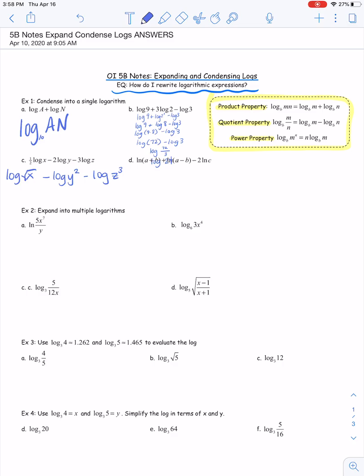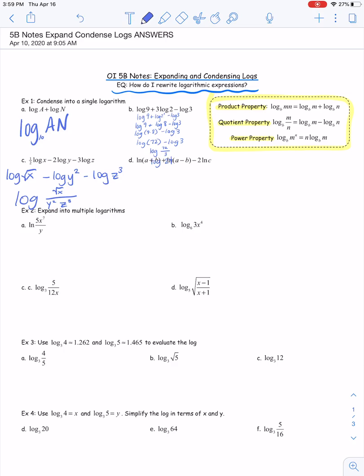Anytime you see a subtraction between logs, you know you're going to have a division symbol, all right? So this is going to be the log of the square root of x divided by y squared, and it's also being subtracted with the z cubed. So z cubed will also be in my denominator. So this is technically my final answer.